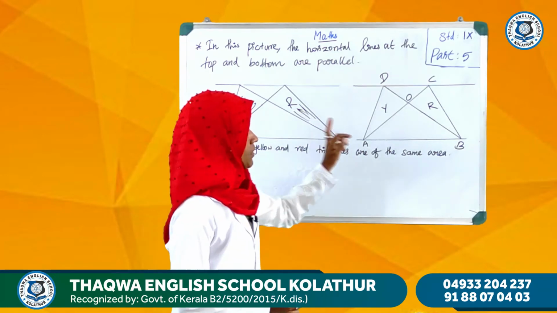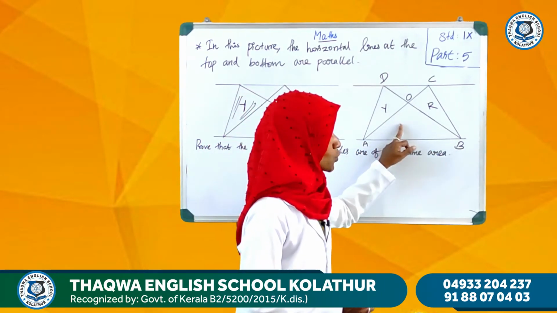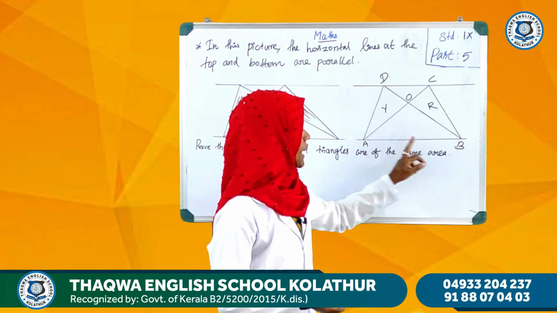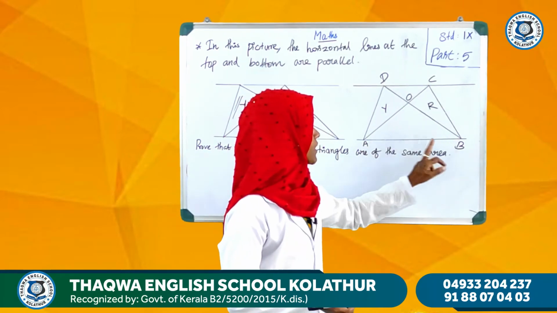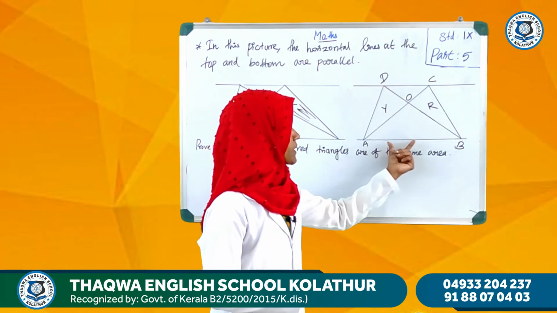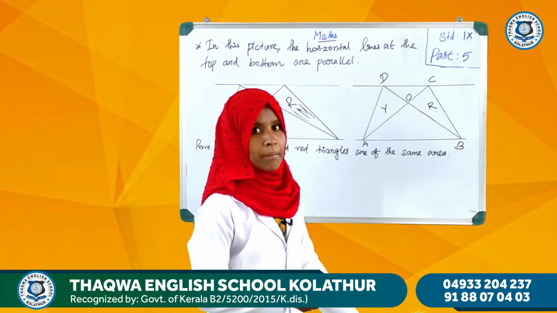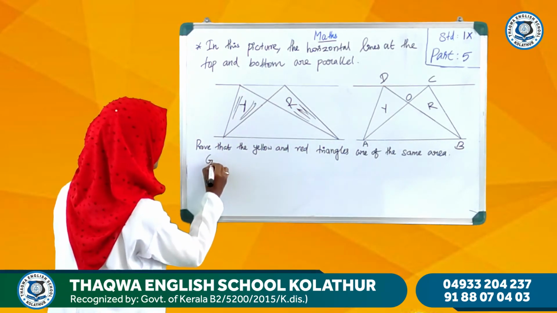Okay. Listen, let us just give the names. We have two triangles, triangle ABC and triangle ABD. Okay. Given that the lines AB and CD are parallel.